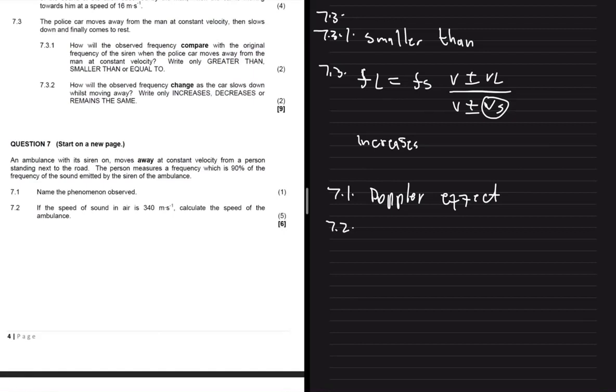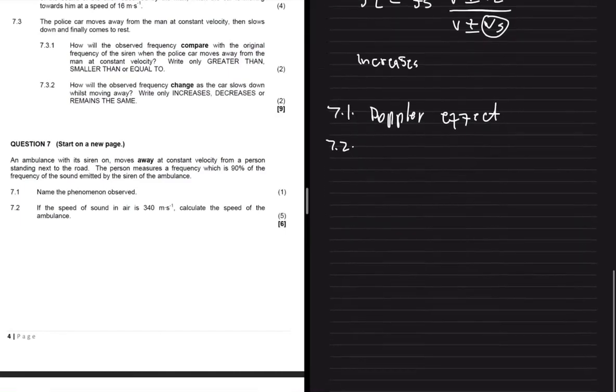Because the observed is less than the emitted, we know the vehicle is moving away. So we have FL equals FS times (V plus or minus VL) divided by (V plus or minus VS).